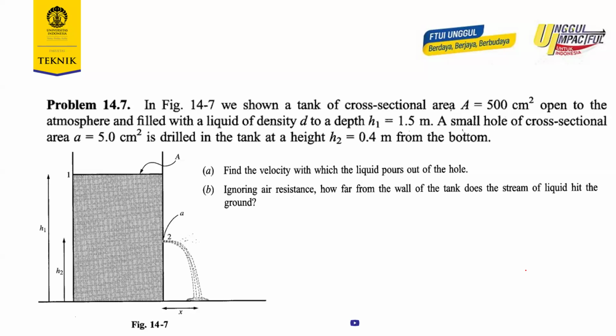Then for the horizontal distance, calculate the time first, the time of the water outside, and then the distance is v times t. This one is a linear or straight line, 1.3.